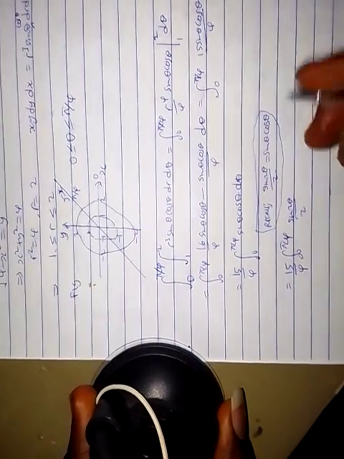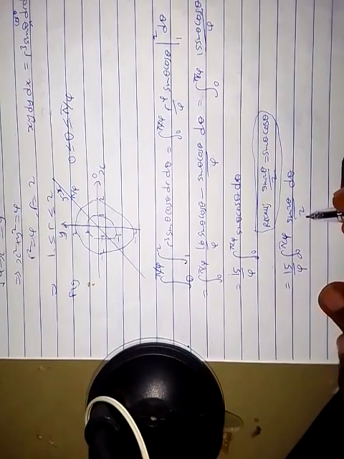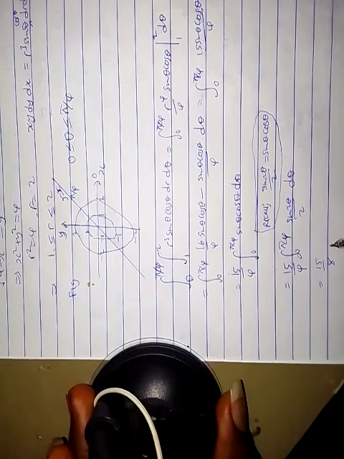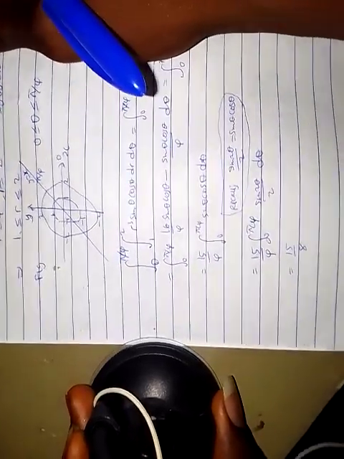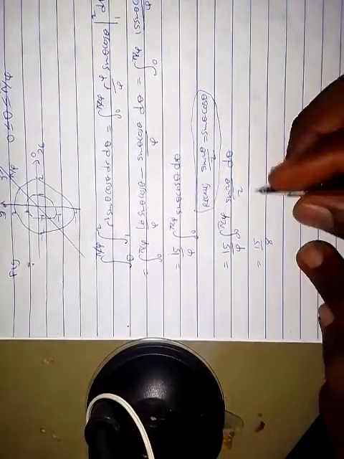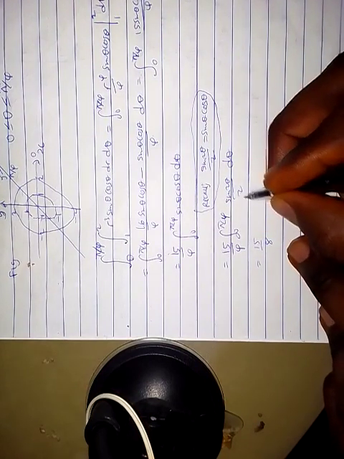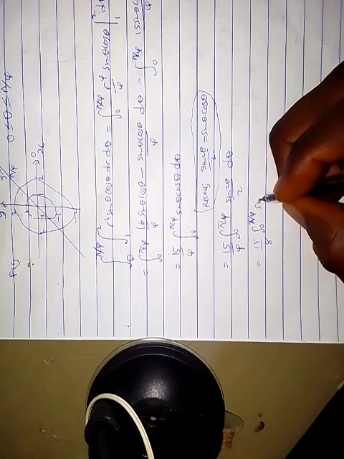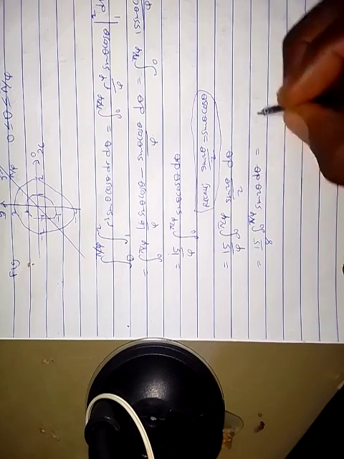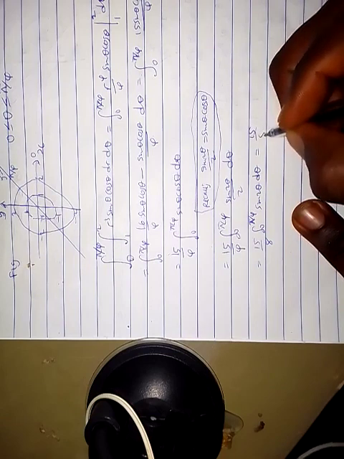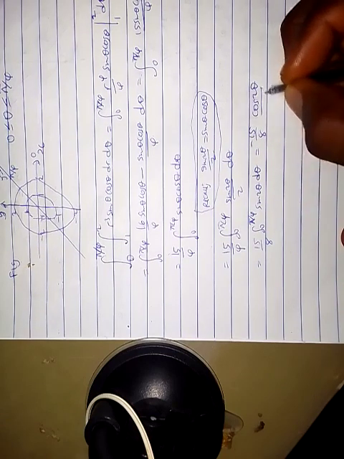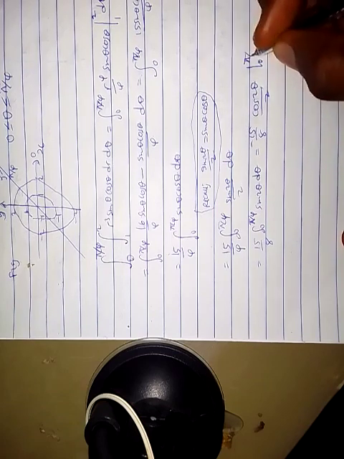When we take this half outside, we have 15 over 8 times the integral from 0 to pi over 4 of sin 2 theta d theta. When we do the integration, we have 15 over 8 times minus cos 2 theta over 2, evaluating from 0 to pi over 4.